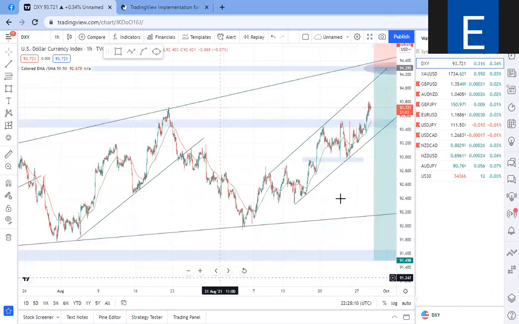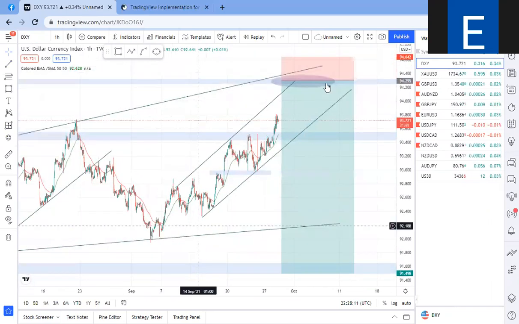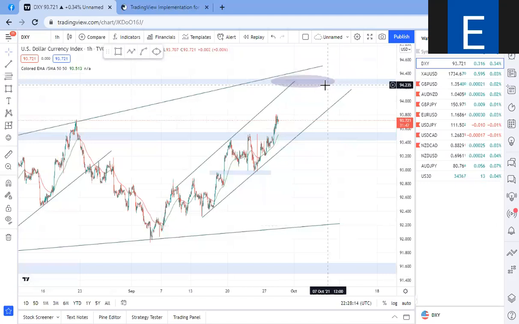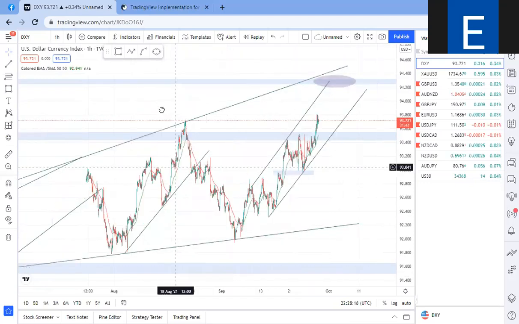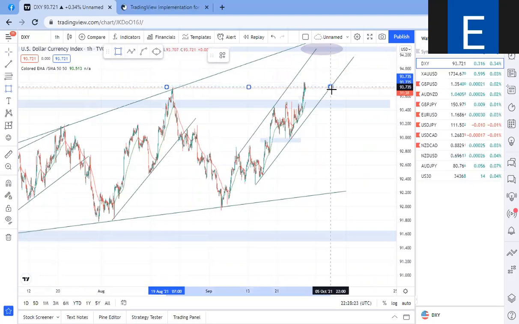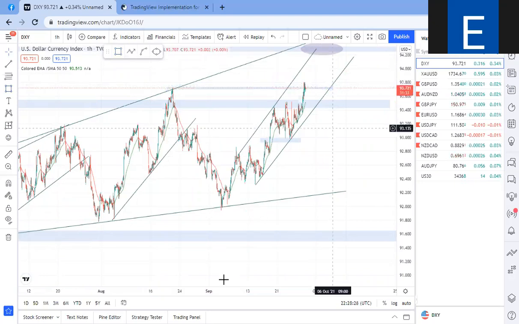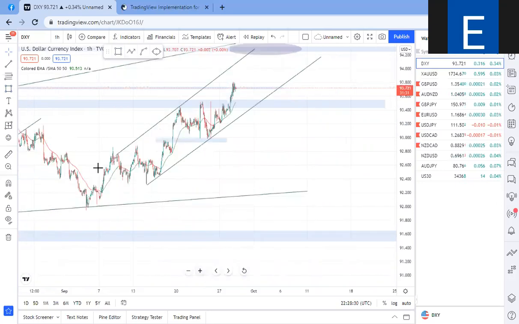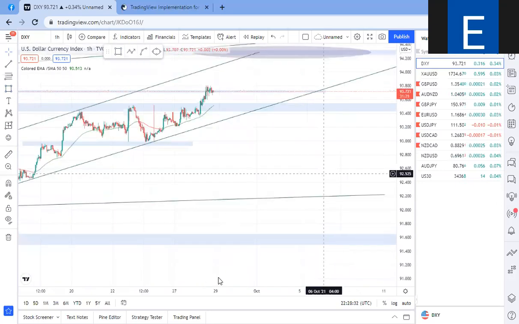Let's just put our price at the top here and see how price is actually approaching this high, because we may likely get a sell-off at this zone as well.